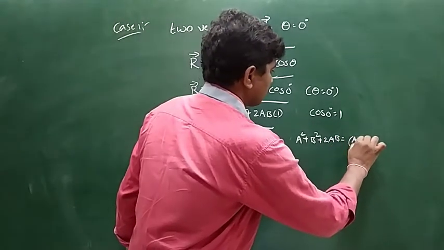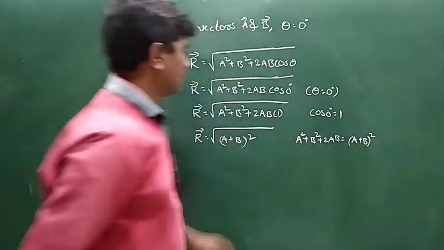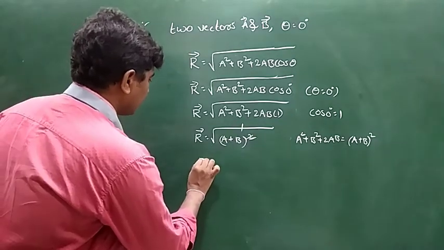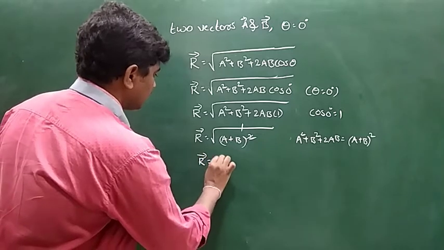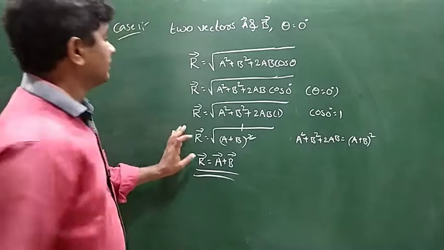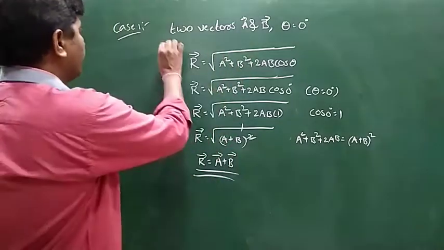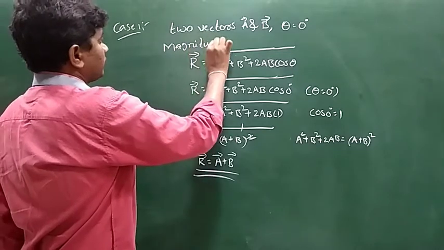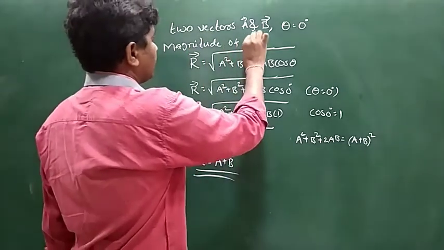The square and root cancel. The final answer is R bar equal to A plus B, A bar plus B bar. This is the magnitude of the resultant vector.